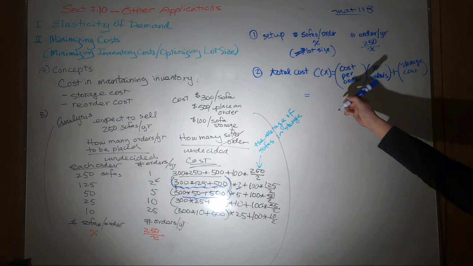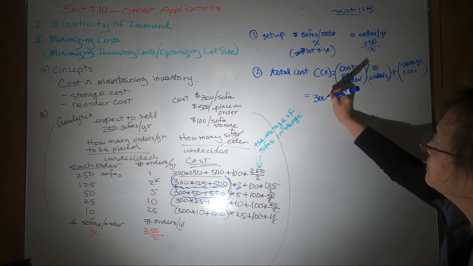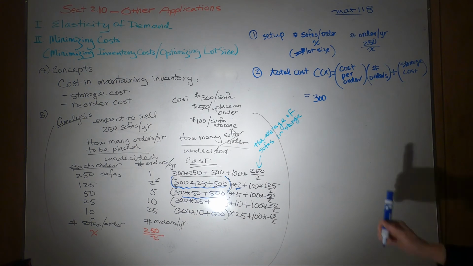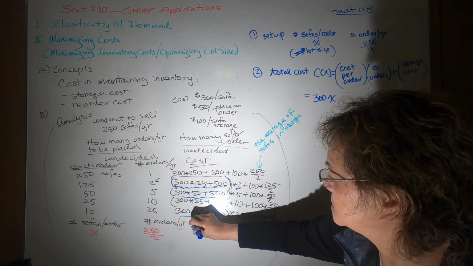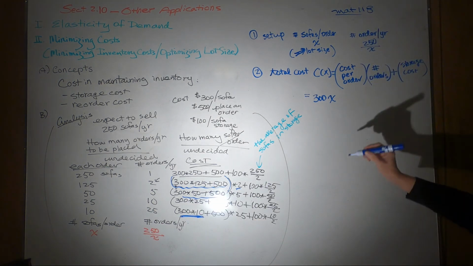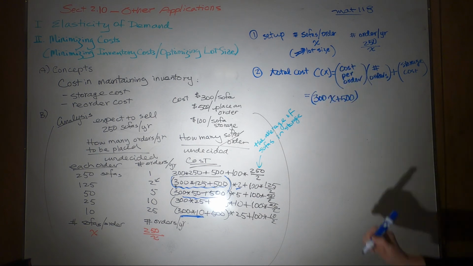So cost per order would be what? Each sofa is $300, so you times how many sofas you have. $300 times how many sofas, then plus $500 for the ordering, right?